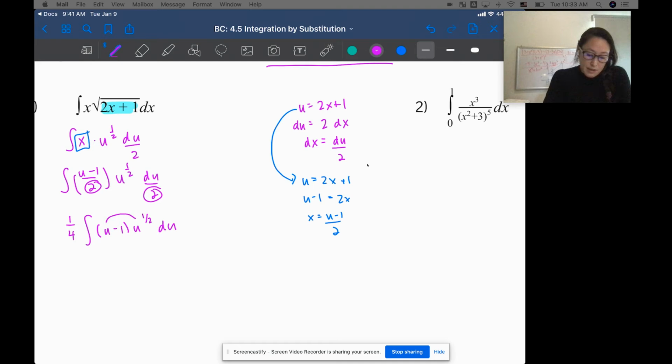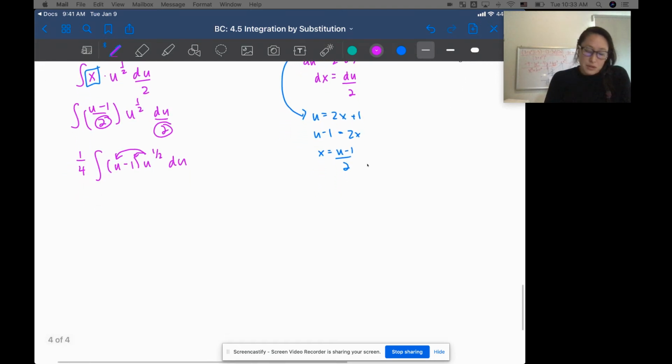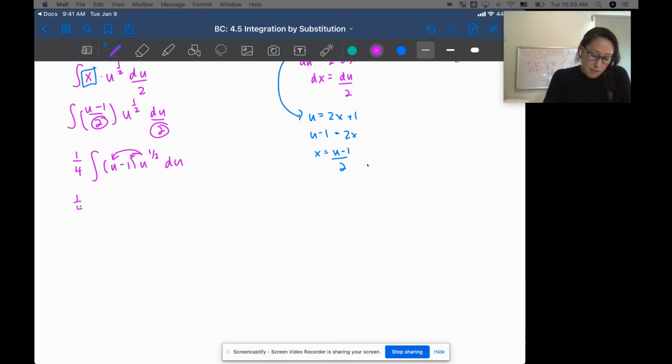I need to simplify this, so let's multiply in the u to the 1/2 into the parentheses. So I get 1/4 times the integral of u to the 1 times u to the 1/2 would be u to the 3/2 minus u to the 1/2, and all of that with respect to u.